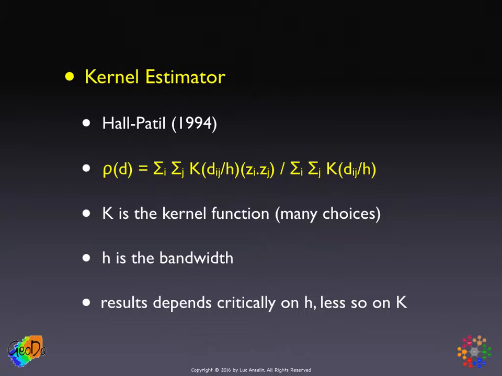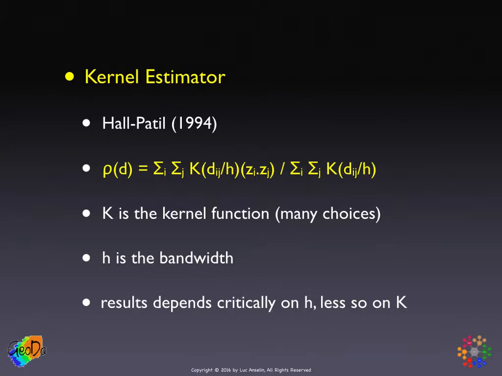The kernel estimator is, for a given distance, we have a kernel function of that distance. You can't see this in the expression, it is K(d_ij/h) and then the cross product.